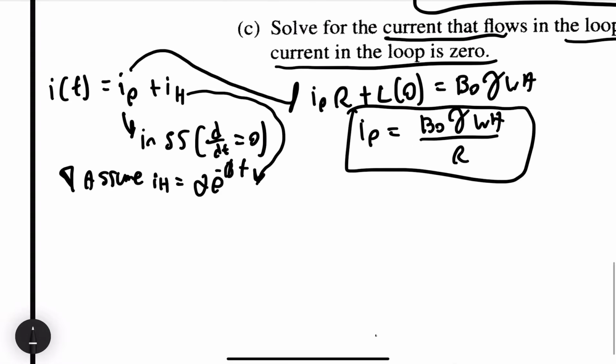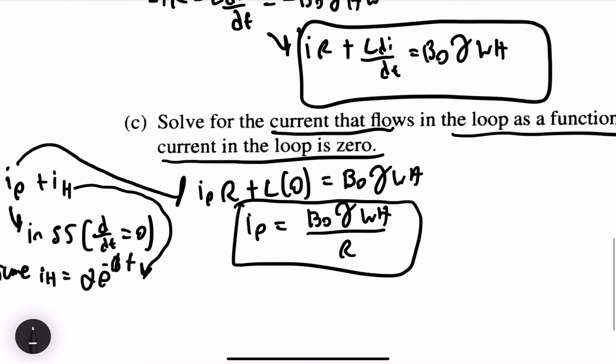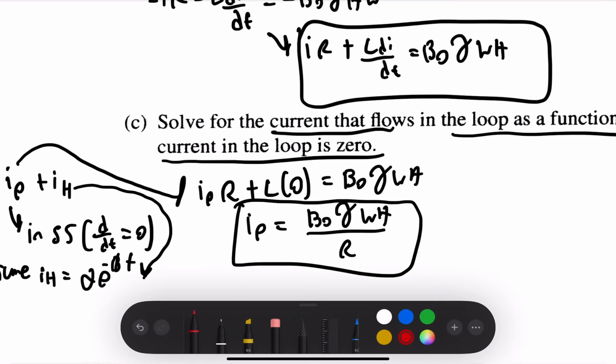So what we're doing is plugging this into the original equation. But for this homogeneous solution, this portion here in red, it's going to equal 0. Right? Homogeneous equals 0.